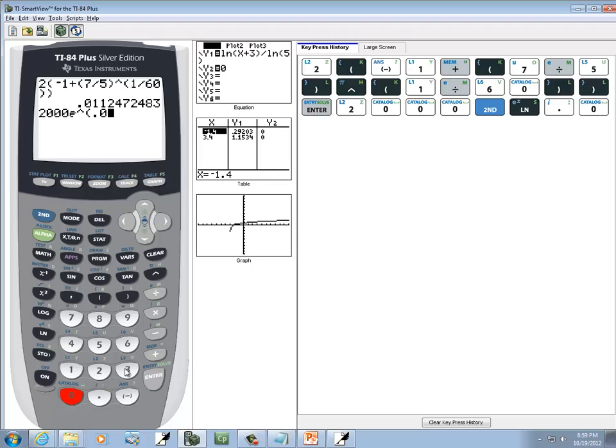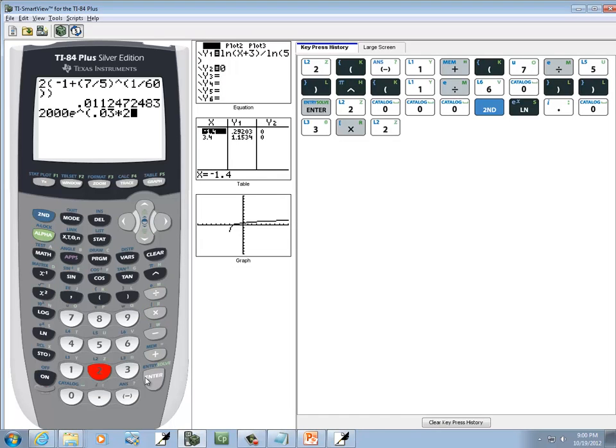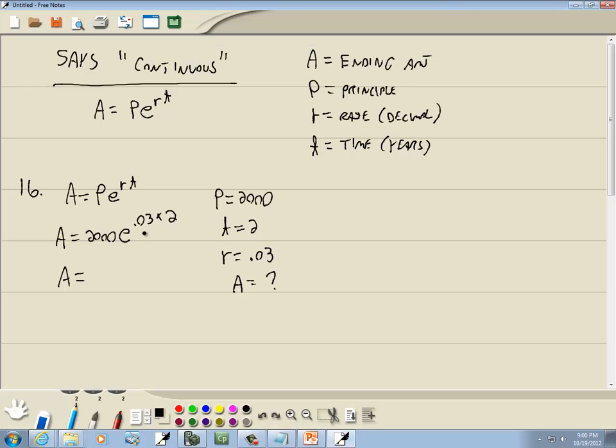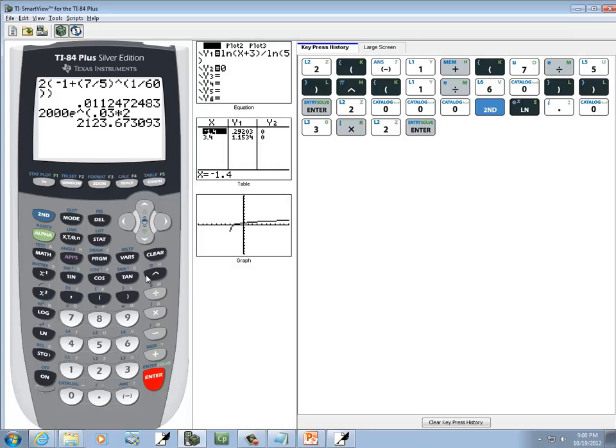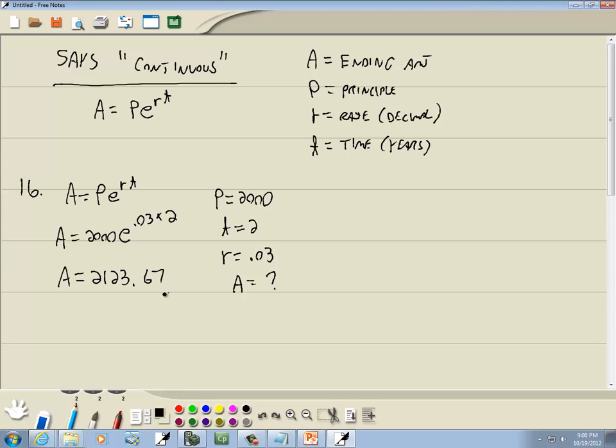Do not put any extra parentheses in here. Just do it times, and then 2, and then enter. So we'll get 2123.67. And that's our ending amount.